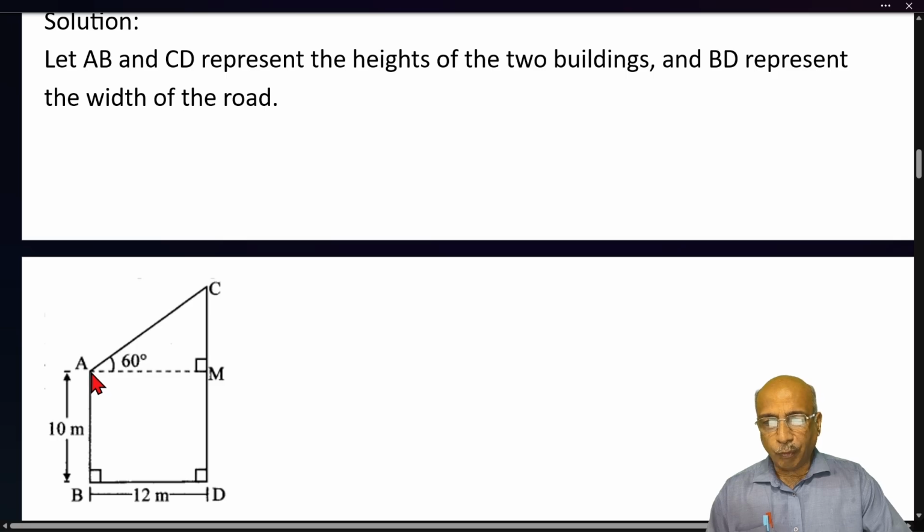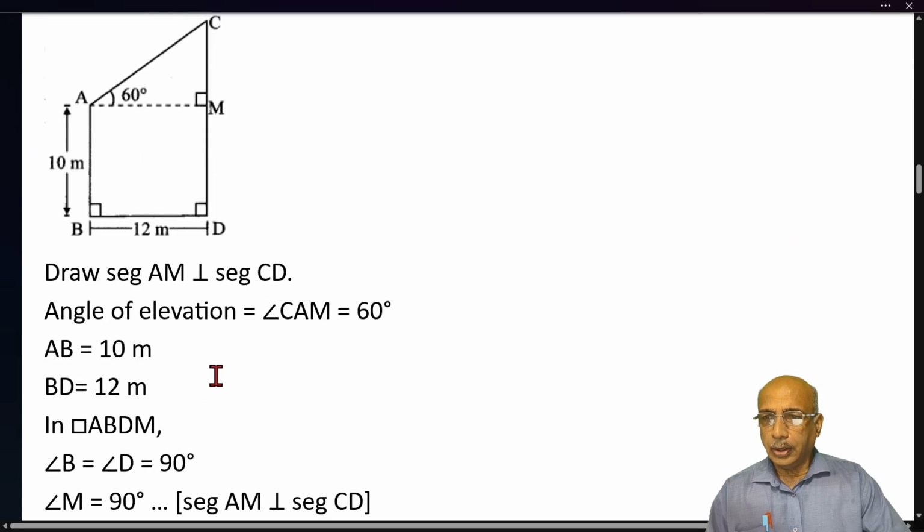The angle of elevation from the top of the AB building is 60 degree. So the figure will be like this. Draw segment AM perpendicular to segment CD. Angle of elevation CAM equals 60 degree.